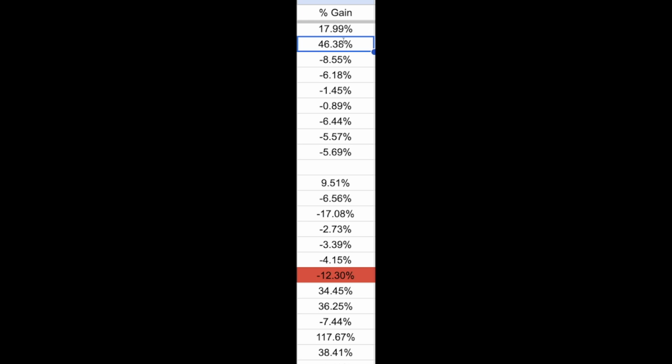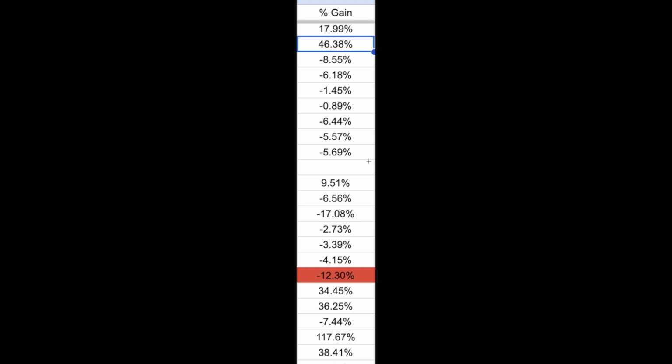So over here, some of the better trades was this 46% move, and also this 117% move, right? So I'll be sharing with you the stocks that made this move, and the worst performing one was this one over here, negative 17%, right? So we'll start off with the better performing trades that I made last month, right?